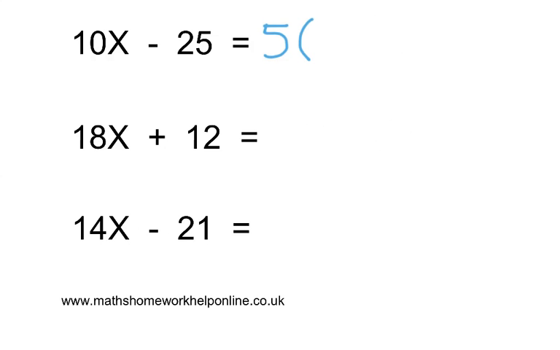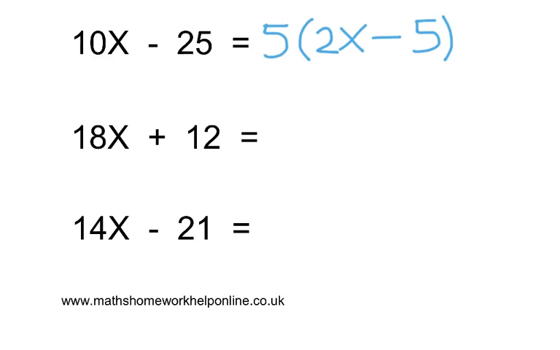And inside we've got to think, what do we times 5 by to get 10? And the answer is 2, and we've still got an x, so that will be 2x minus, then think, what do we times 5 by to get 25? The answer is 5. So the full answer is 5 brackets 2x minus 5 close brackets.